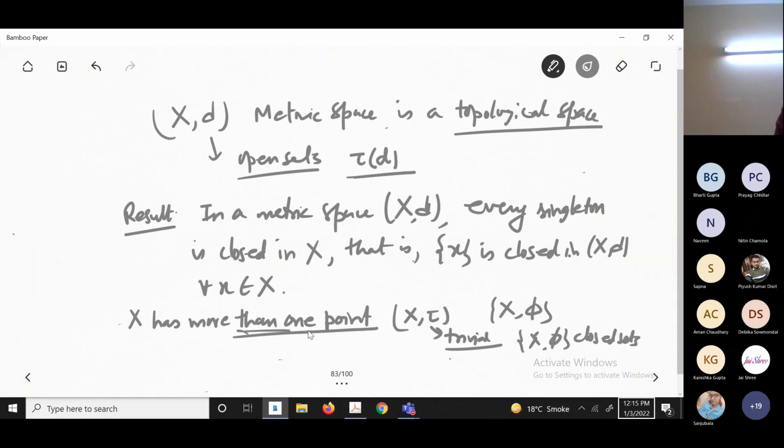Since I have taken more than 1 point, no point is closed in (X, tau). But in a metric space, every point should be closed. That means this trivial topology can never be generated by a metric d. That means it can never be induced by a metric.